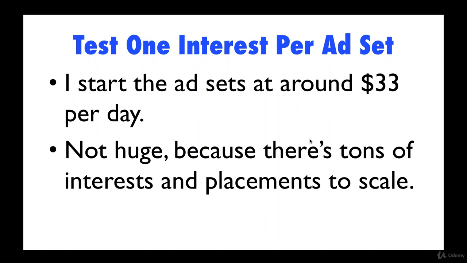So let's say I test one interest in all three placements at $25. Well, that's $75 invested into that one interest. So if I'm doing 10 interests, well, suddenly I'm at $750 of testing per day, okay? And that's not a bad thing when you have an offer doing well, but if you were doing this from the start, that's kind of a lot to test from day one, okay?